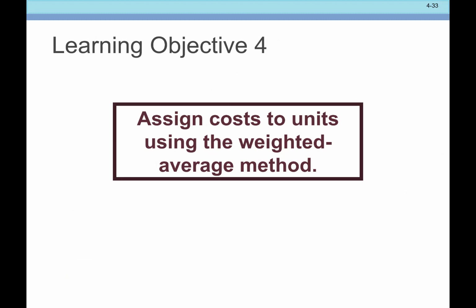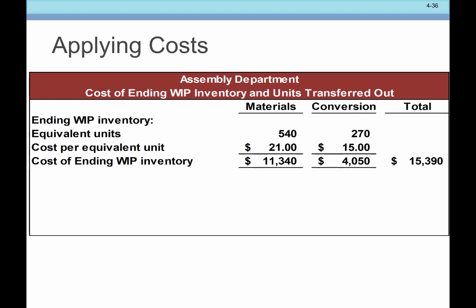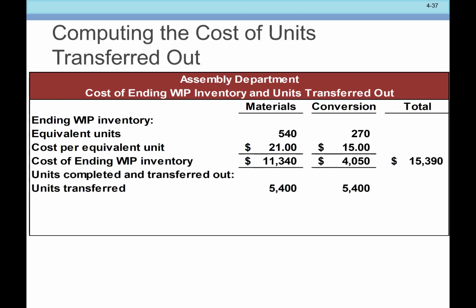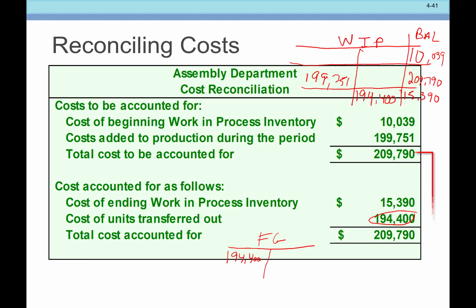Okay, so they show us that you could calculate the ending inventory equivalent units by using those figures, and that's more of a check number to me. The key thing is getting that 5,400 times the cost per equivalent unit for both our conversion and our materials, which gives us the cost transferred out. And then they had this sheet here where they let us reconcile the cost, and it was the cost of beginning inventory plus the cost added with the total cost to account for. 194,400 were transferred out.